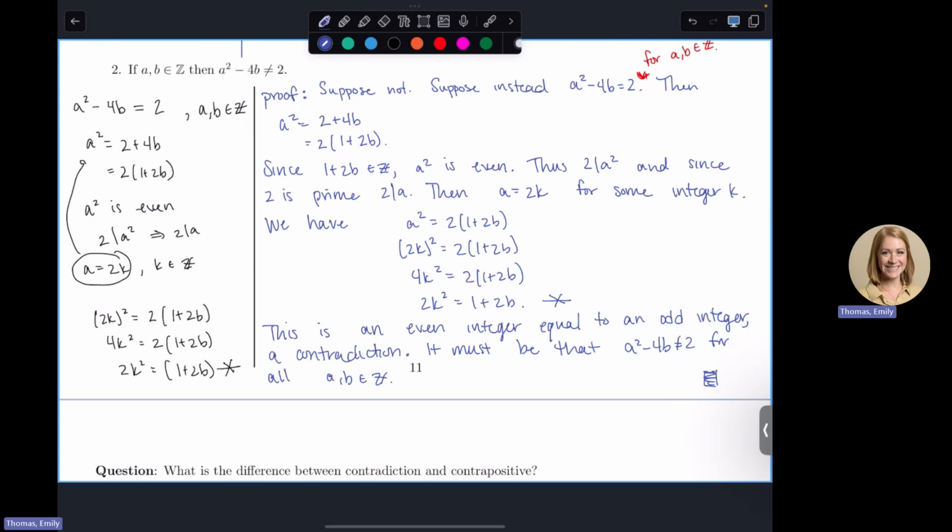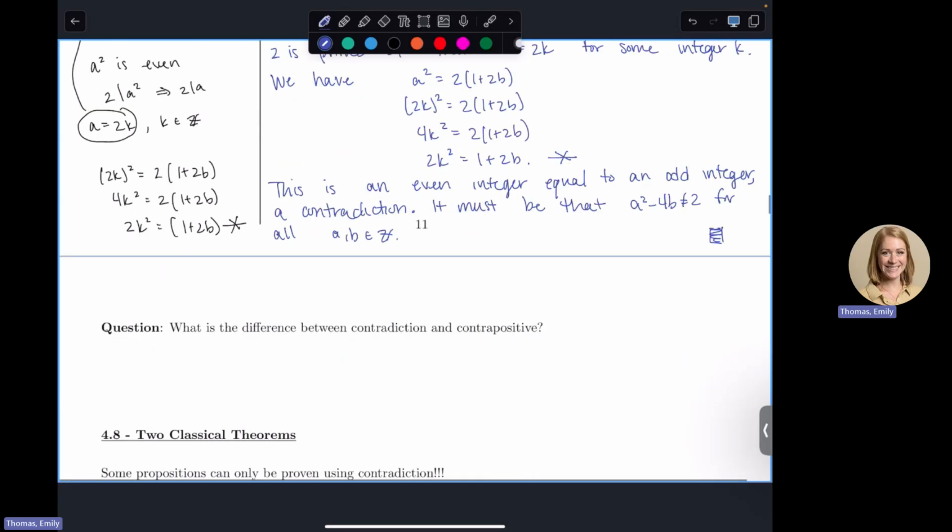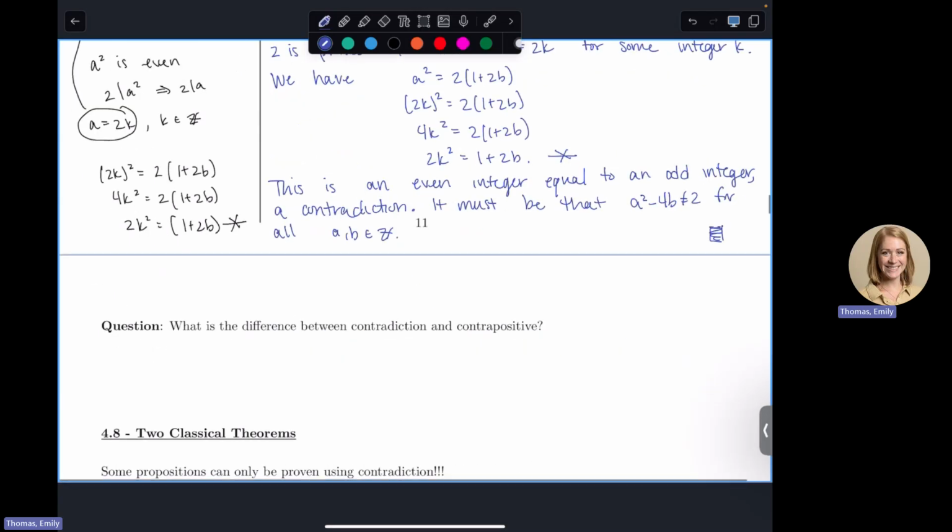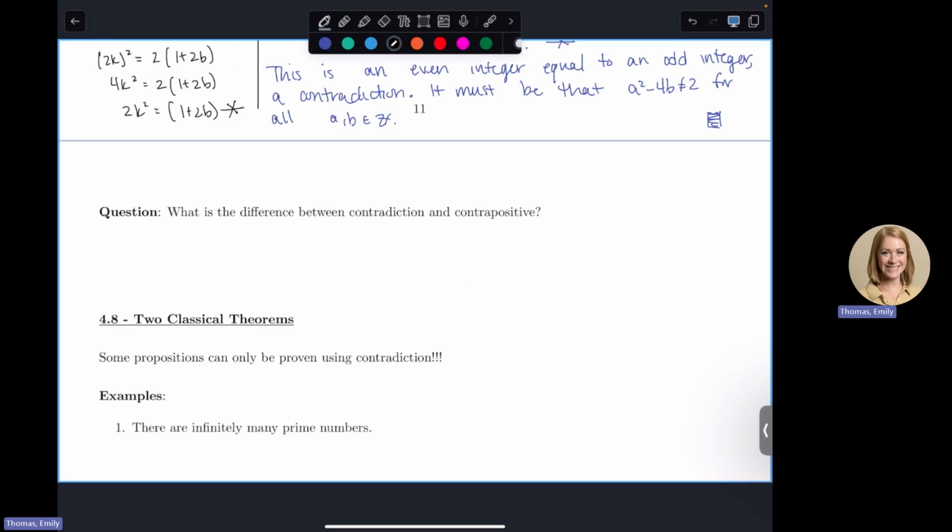What do we think so far? Good? Okay. Difference between contradictions and contrapositives. What do you do for a contrapositive proof?